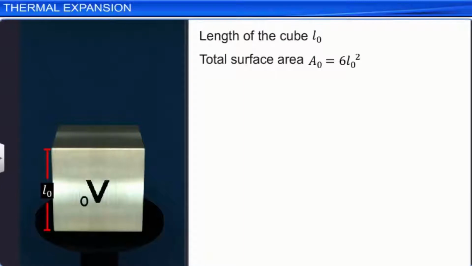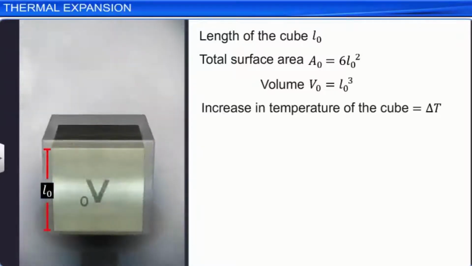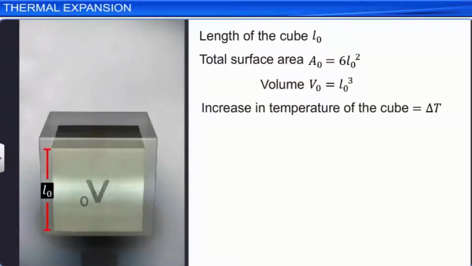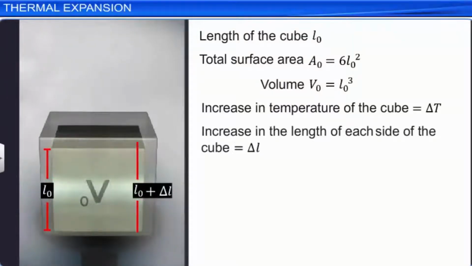Its total surface area A naught equals 6 L naught square and its volume V naught equals L naught cube. When the temperature of the cube is increased by delta T, let the length of each side be increased by delta L. Therefore, the length of the side after expansion L equals L naught plus delta L.